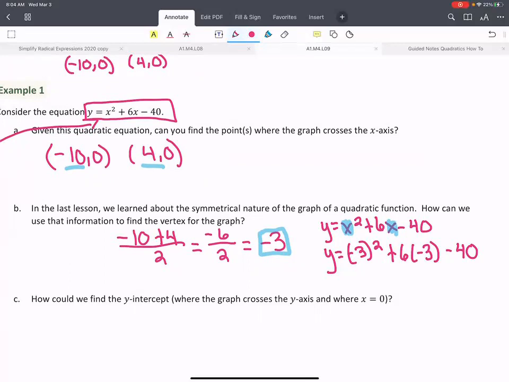Remember, the calculator will lie if you don't use the parentheses. -49, is that what everybody else got? Okay, so if the vertex is at x equals -3 and y equals -49, then as an ordered pair, that would be -3, comma, -49.